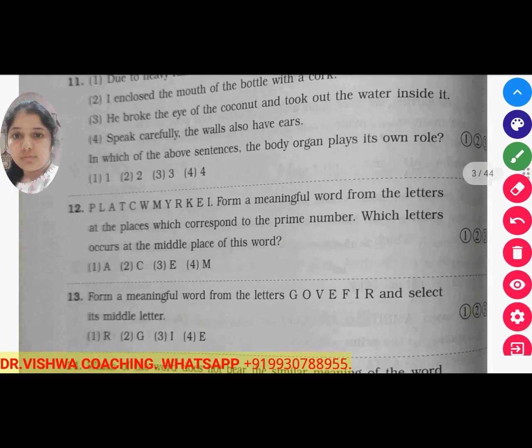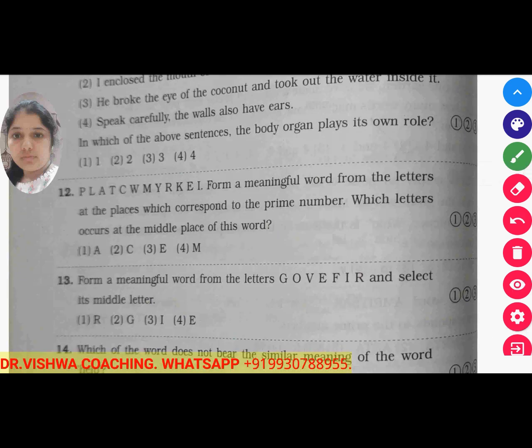Again, you have to form the meaningful word from the letters at the places which correspond to prime numbers, and find which letter occurs at the middle. Now see which places correspond to prime numbers. Again 1, 2, 3, 4, 5, 6, 7, 8, 9, 10, 11 and 12.